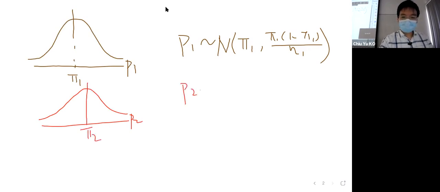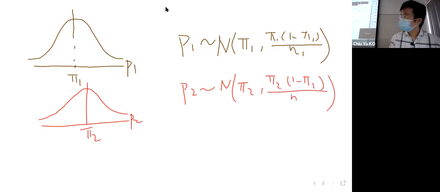Both of them come from the sample case of the central limit theorem. There's nothing new; it's just the sample mean, which has a normal distribution with mean as the population one, and the variance, because it's a proportion, is related to the mean in this way. We learned this already. Now we look at the difference. Remember, the sum or difference of normals is still a normal.